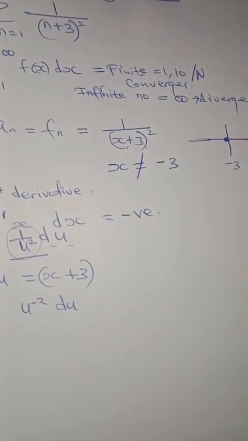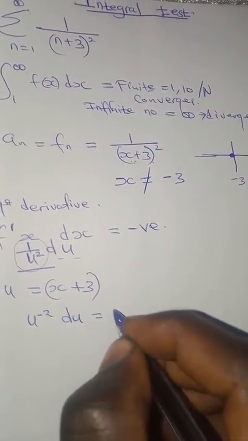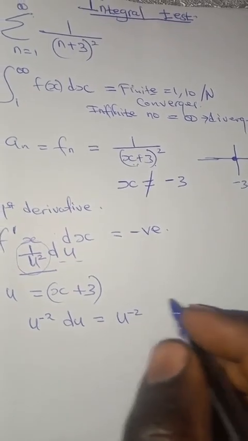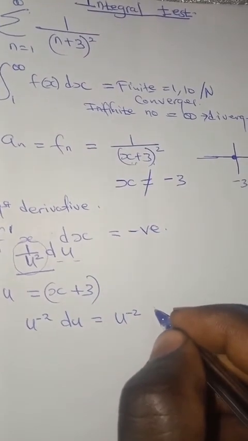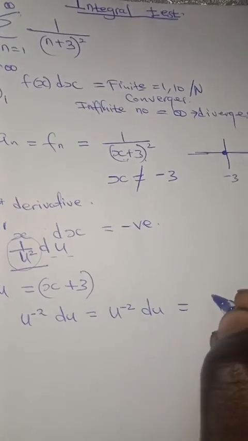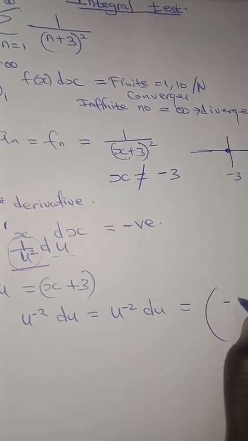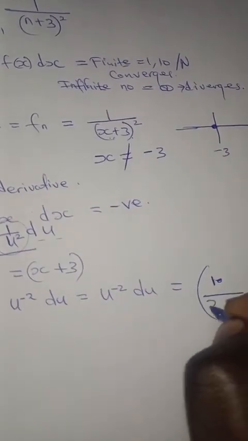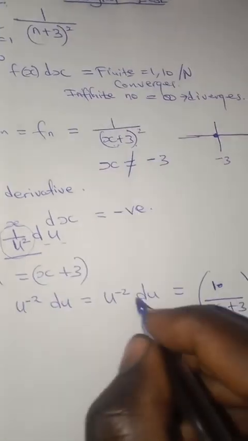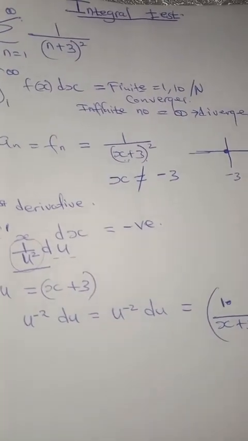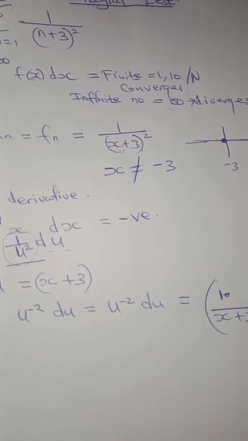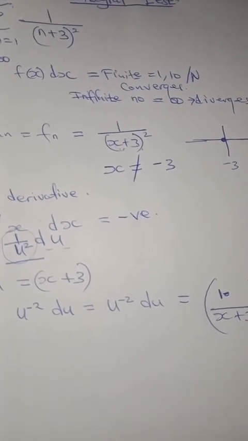Integrating this gives negative 1 over u, which is negative 1 over (x plus 3).